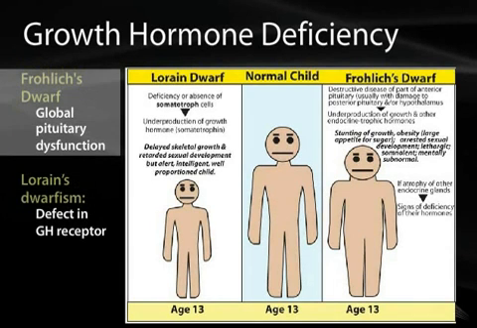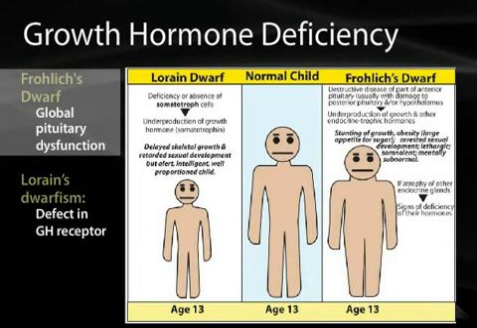In contrast, if you have a child with global pituitary dysfunction, like hypopituitarism in a child, that results in a situation called a Frolich dwarf, where there is stunting of growth, arrested sexual development, lethargy, somnolence, and several other global pituitary dysfunctions. This case is a lot more severe than just isolated growth hormone deficiency.